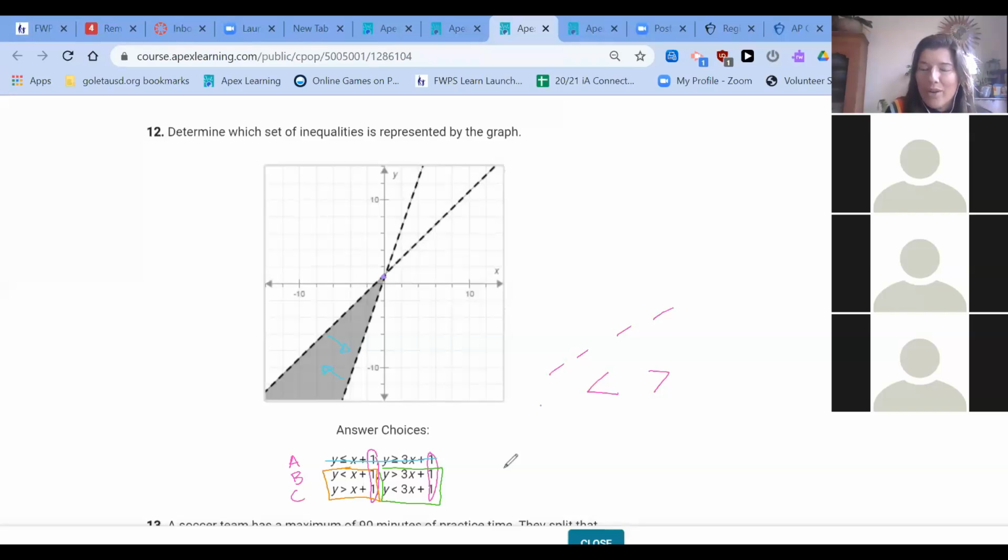Beautiful, good. So the question is, which line is which line? And so we can help determine it by looking at our slopes. So the orange has a slope of 1, and the green line has a slope of 3. So which one is steeper, 1 or 3?